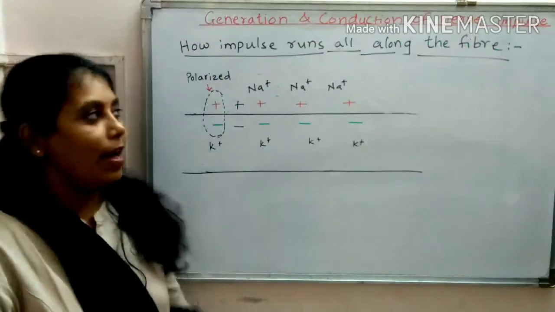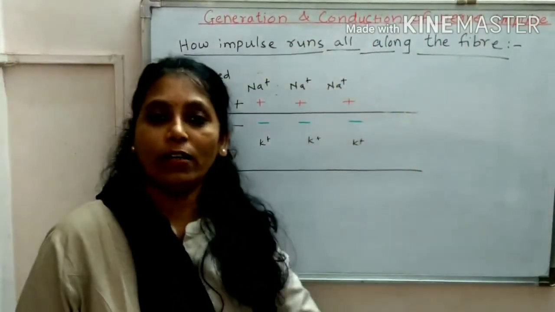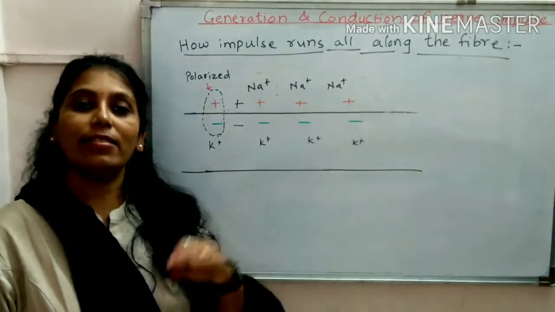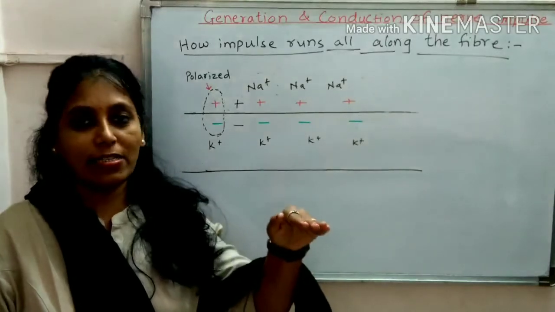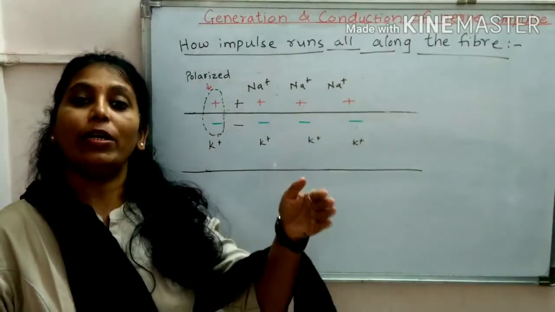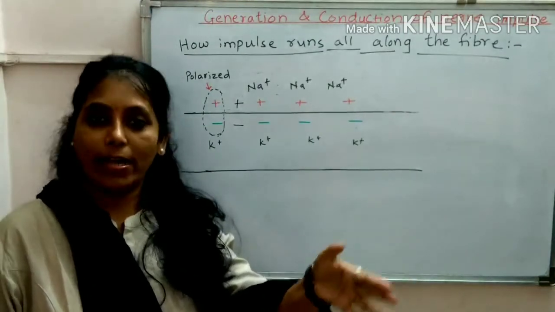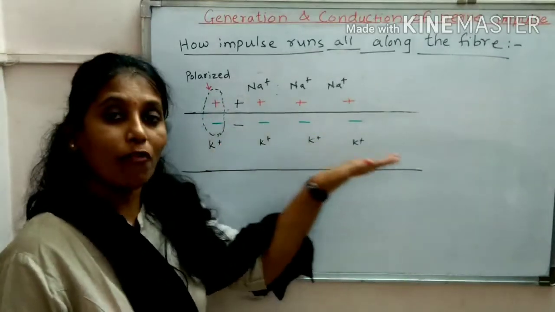Let us study how the impulse runs all along the fiber. We have studied there are three stages. The first stage is the polarized state, meaning the resting stage. Then it enters depolarization, and last it enters repolarization. But how does the impulse run along this fiber?